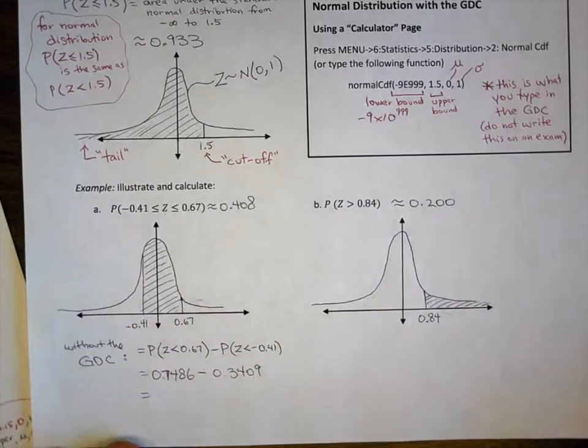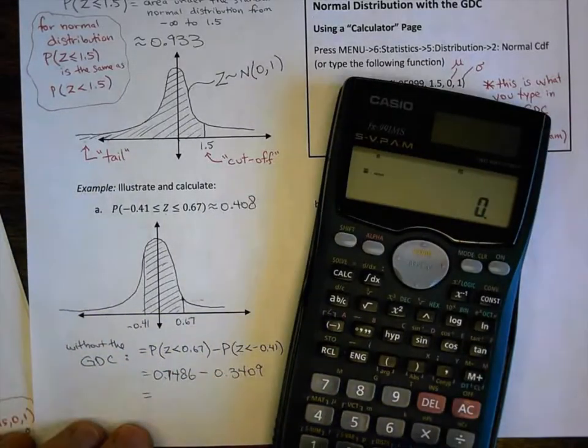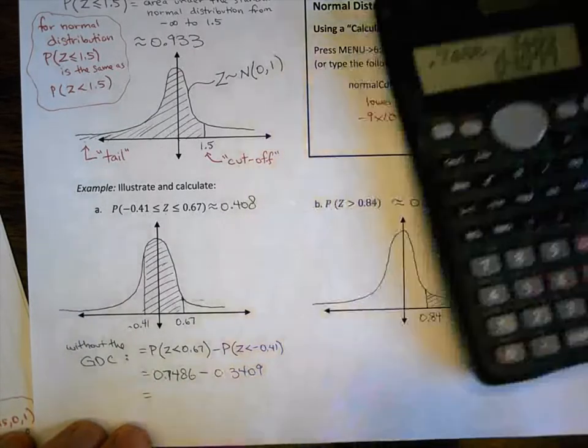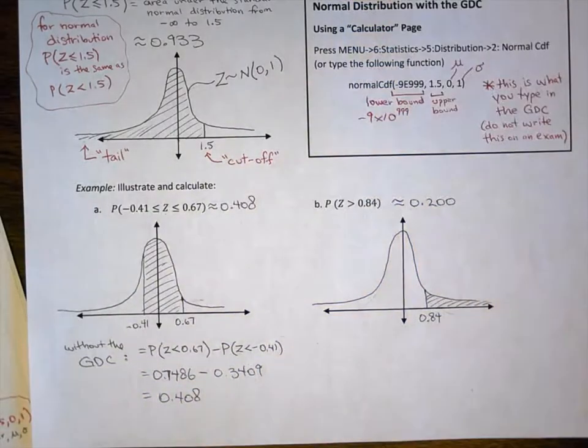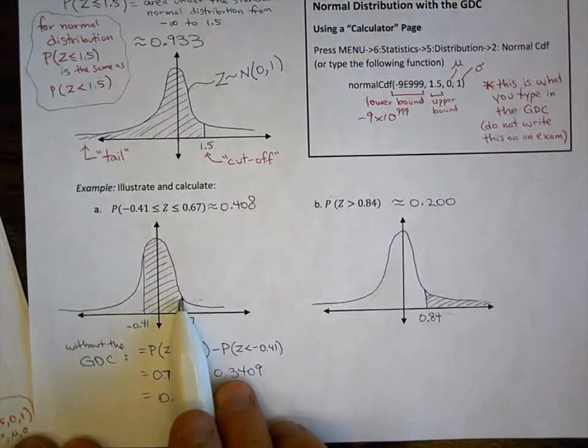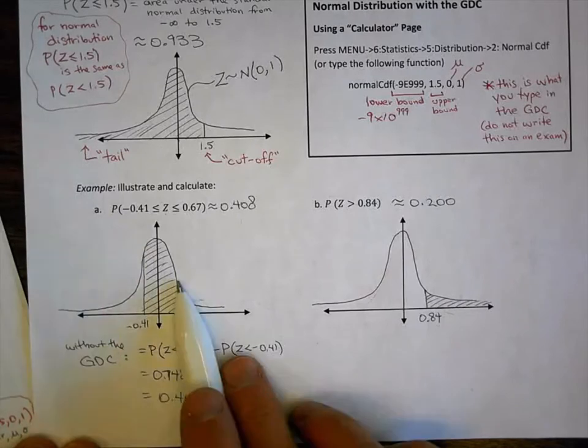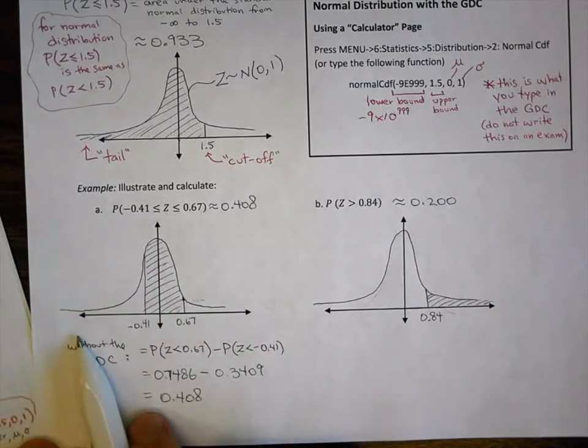And then again, I wouldn't have my graphing calculator. I'd have to do it this way, 0.7486 minus 0.3409, and that gives me 0.408. So I get the same thing. It's just more work. So really what you had to do is look up the area below 0.67, subtract the area below negative 0.41, and then I'd be left with this area.